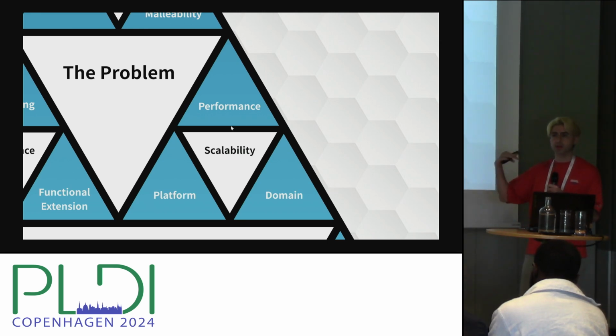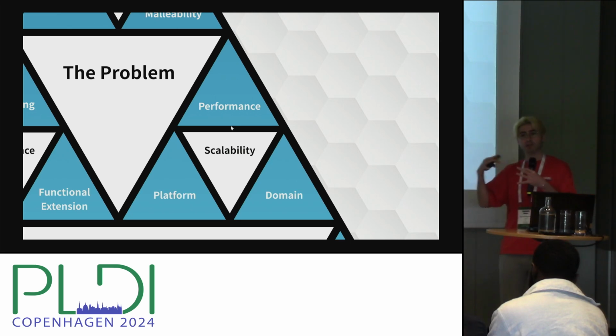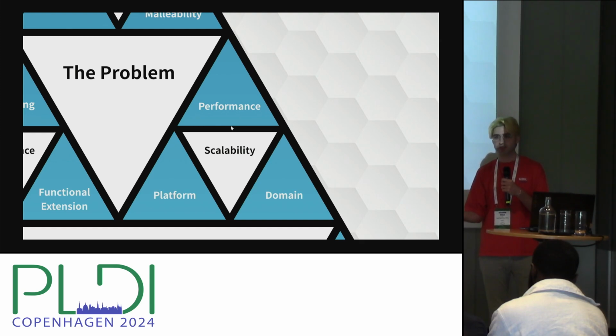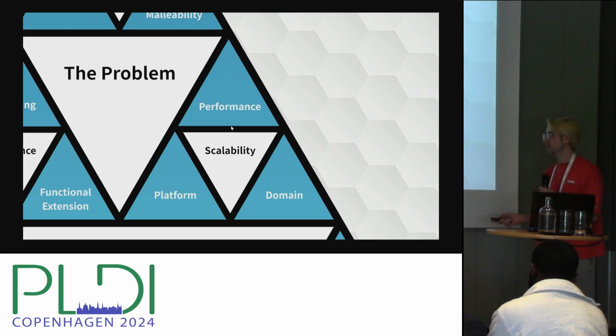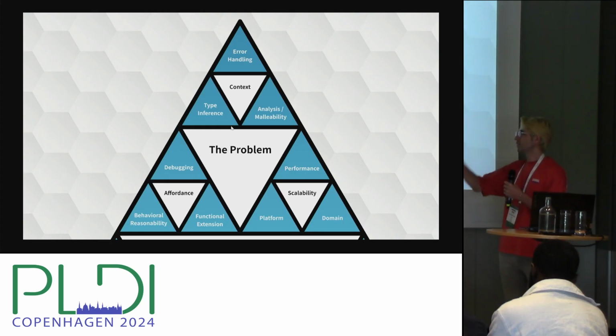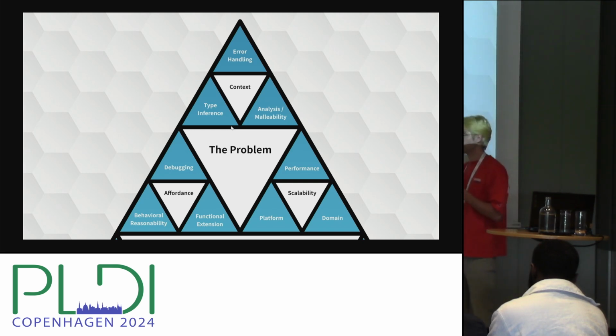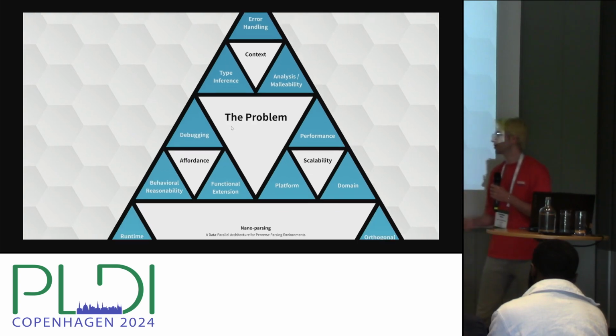If you start off with some business problem or some non-formalized problem, you can come up with a small little hack like some regex to solve it, and then over time it gets more complex, and you run into a context-free grammar, and then sometimes context-sensitive grammars, where your problem is just hard to scale with these traditional techniques. So we have this trifecta of context, affordance, and scalability that gives us these problems, and that's what we're trying to address with this nano-parsing architecture.